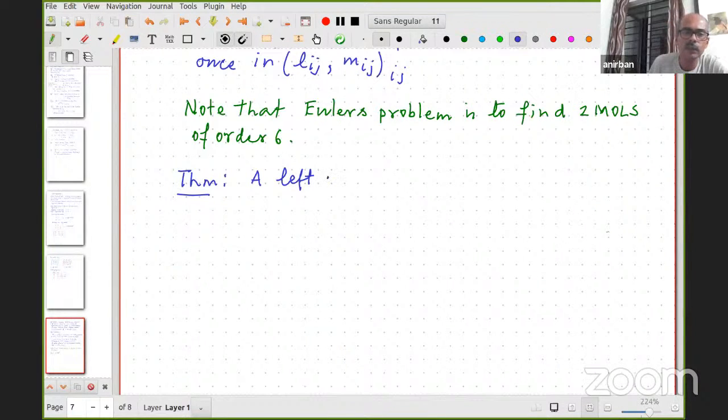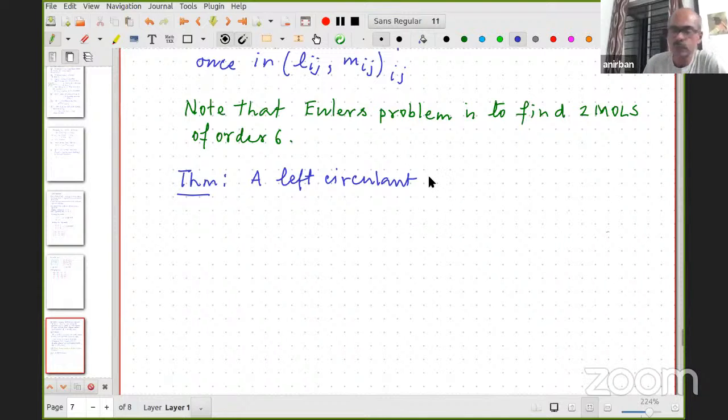So this is circulant. When you move it, the Latin square you get is called a left circulant Latin square or right circulant Latin square, because it's a cyclic kind of movement.